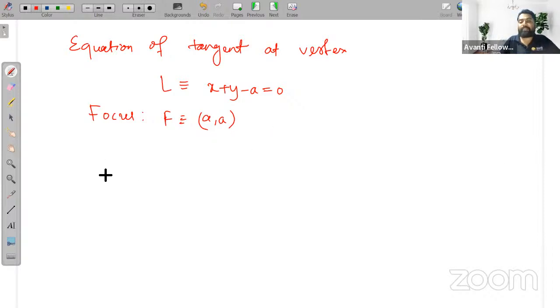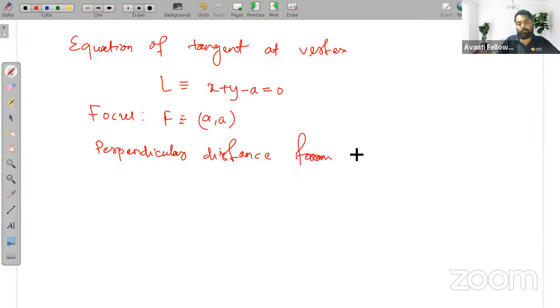If I ask you to find the perpendicular distance from the point F to the line L, what will be your answer?